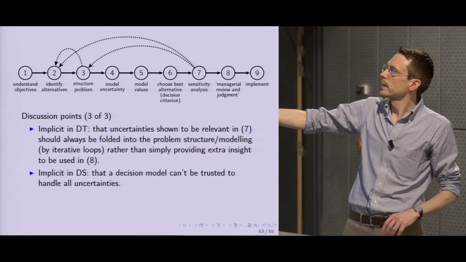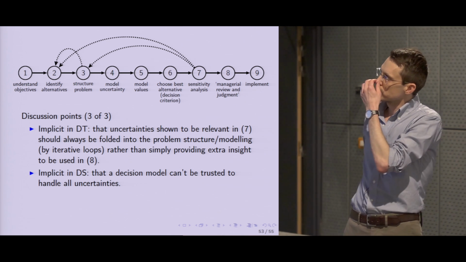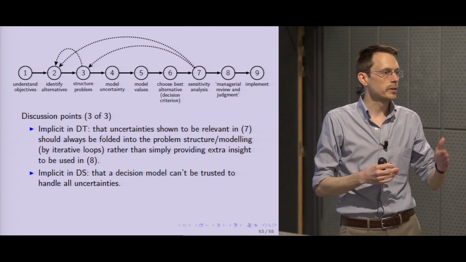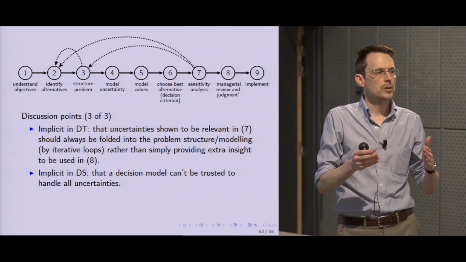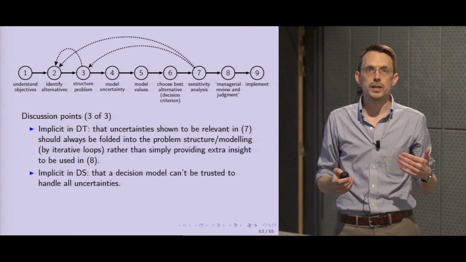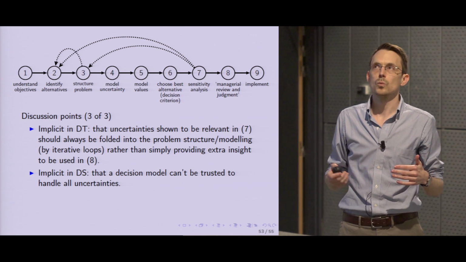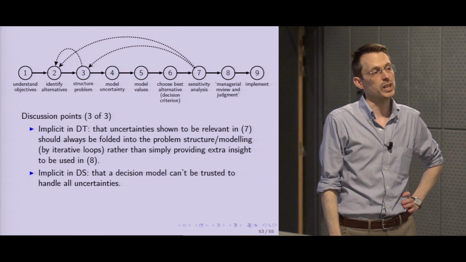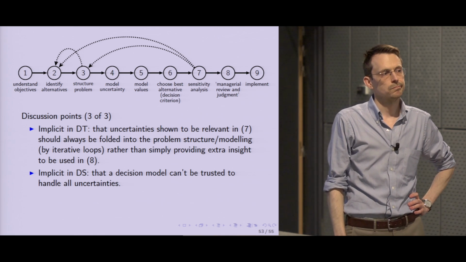But then what I take it is happening at 7 is that the decision maker in an unstructured way is thinking about trade-offs between critical value and that uncertainty. So I'm tempted to say that's what's being shown in the sensitivity analysis: uncertainty about what critical value you need.